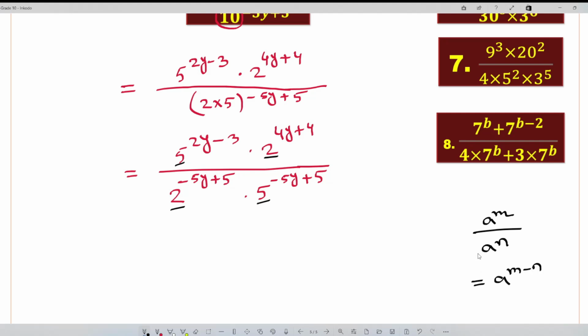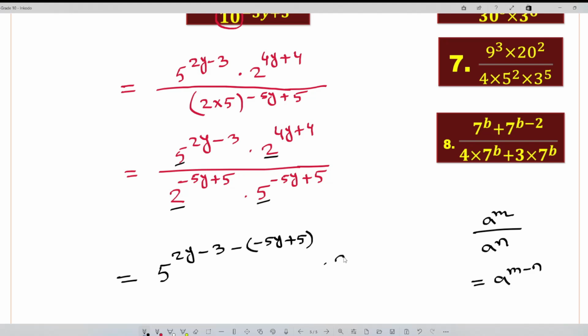Because from the law of exponents, if the bases are same, for division the powers will be subtracted. So we can write like this: here is 5, we write 2y minus 3 minus, here minus 5y plus 5.